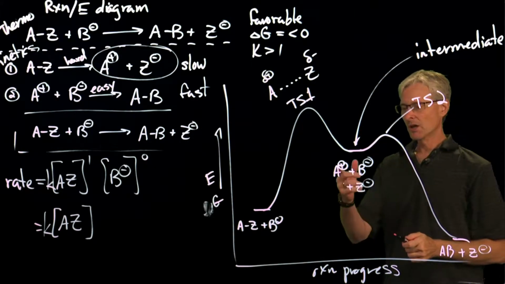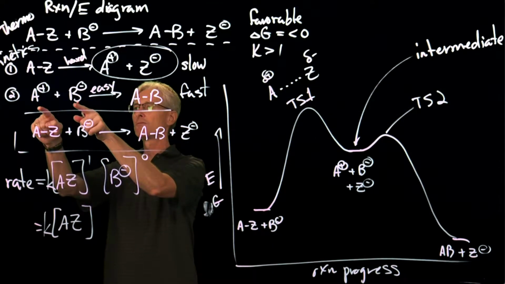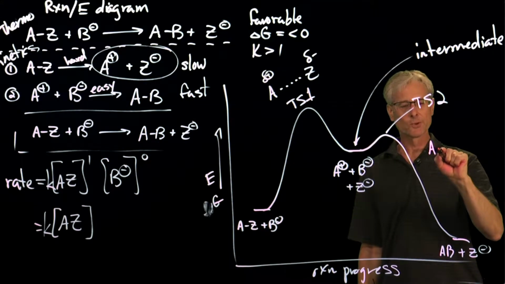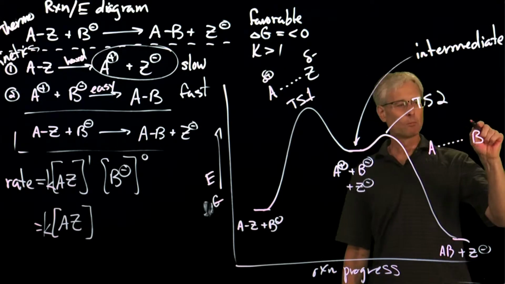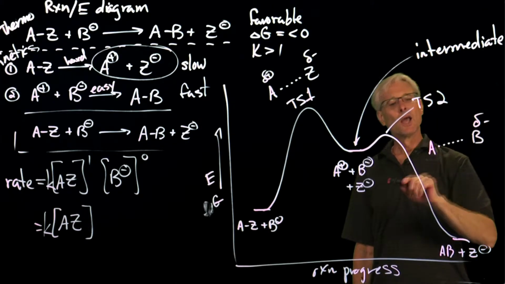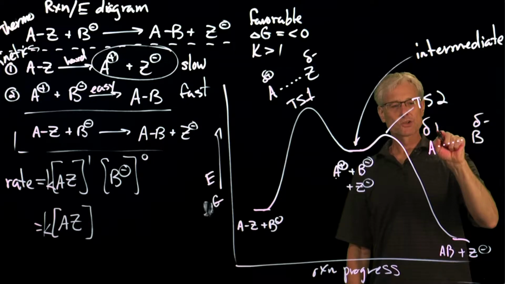And of course, it also has some partial bonds. Bonds are being formed, or a bond is being formed in this step. So we now have a partial bond between A and B. B starts out minus, so it is partial minus. And A started out plus in this step, so now it's partial plus.